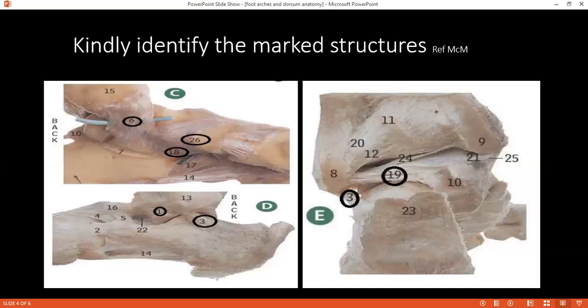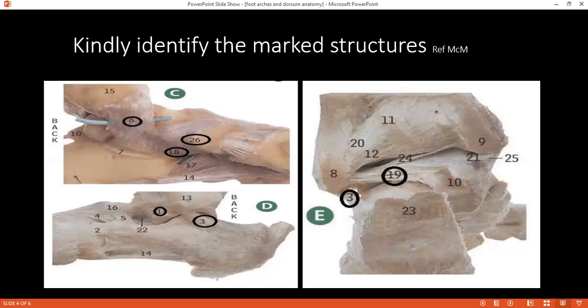Okay, can you please tell me what are the bones which form the ankle joint? The ankle joint is formed by articulation of the lower end of tibia and fibula and the upper surface of talus.